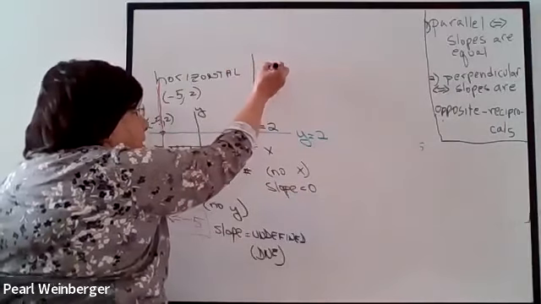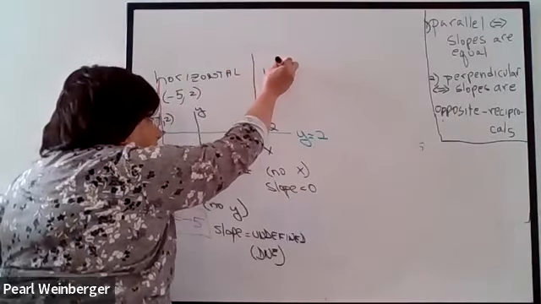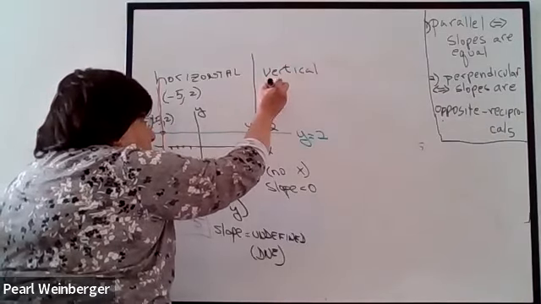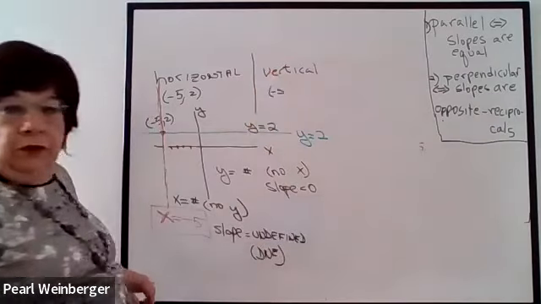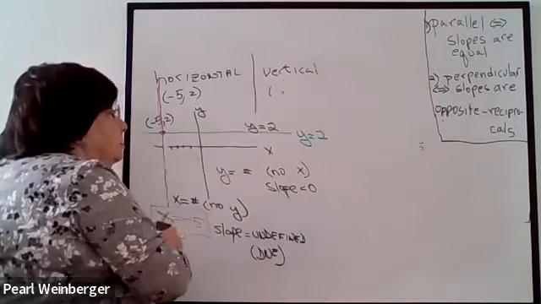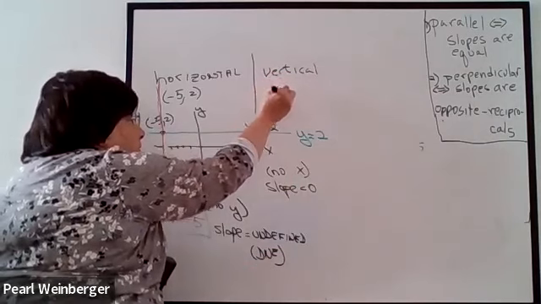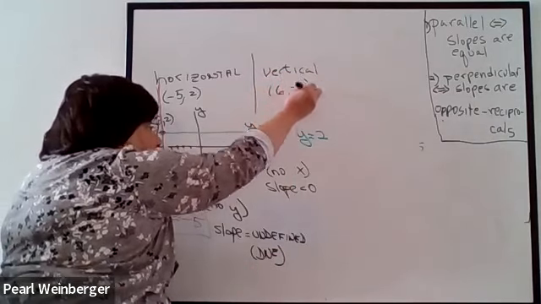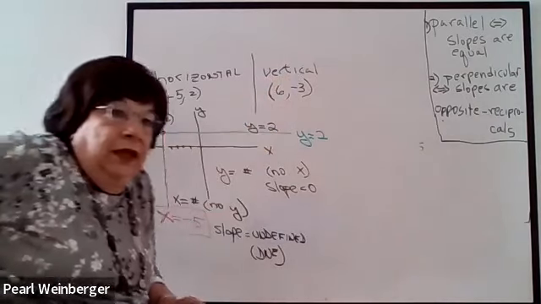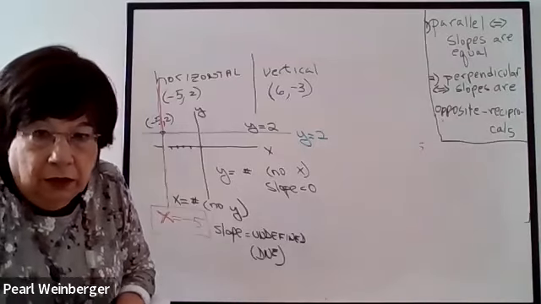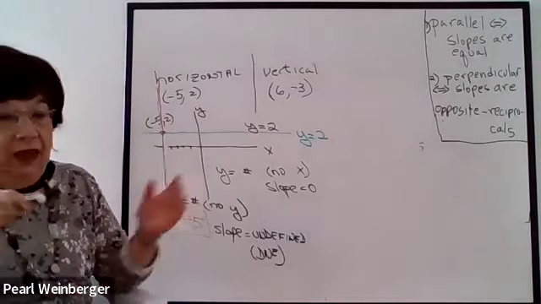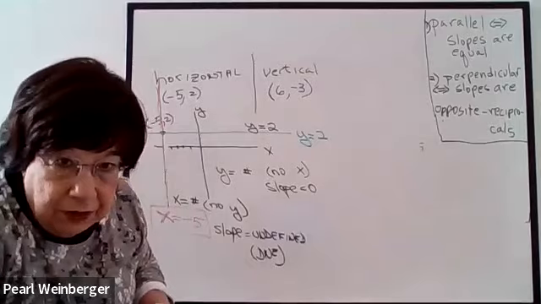Find the equation of a line that's vertical and goes through the point 6, -3. So a vertical line that goes through this point, what is its equation? And remember, it's going to be a simple thing, either x equals something or y equals something.